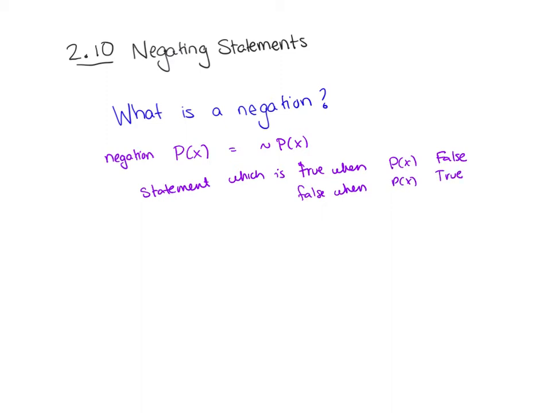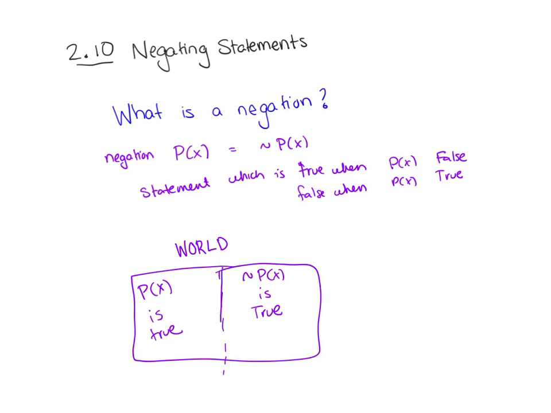And I find it's helpful to remember that in our universe there's two options. Either P of X is true, or not P of X is true. But those are the only two options. I can't have neither be true. I can't have both be true.